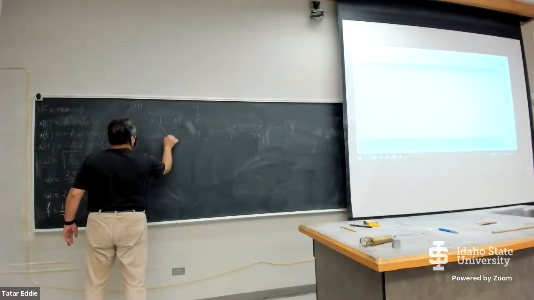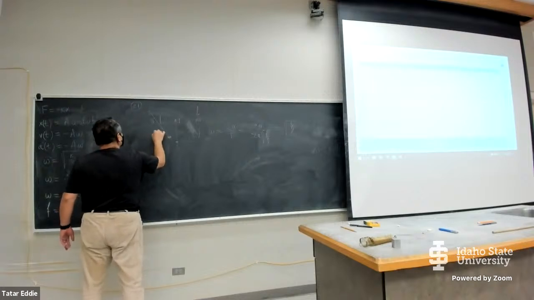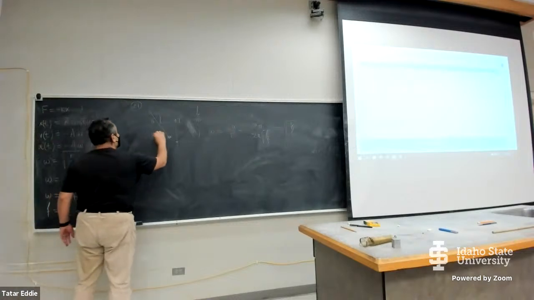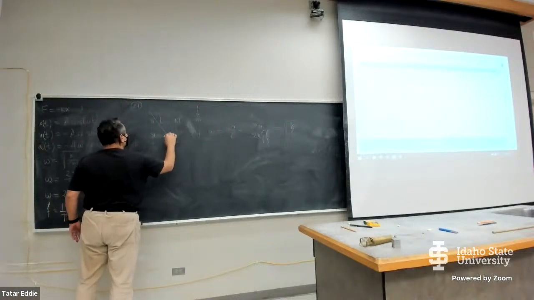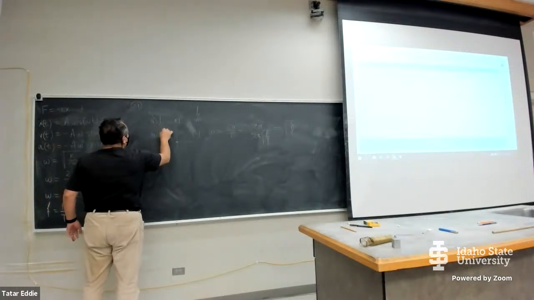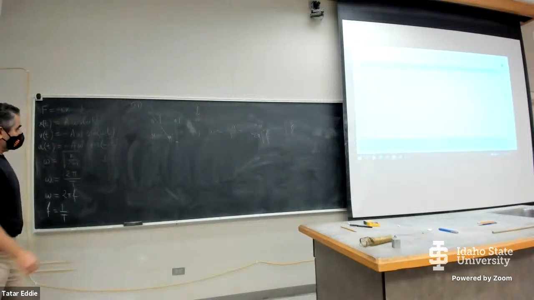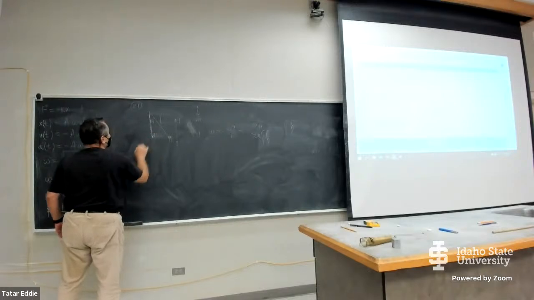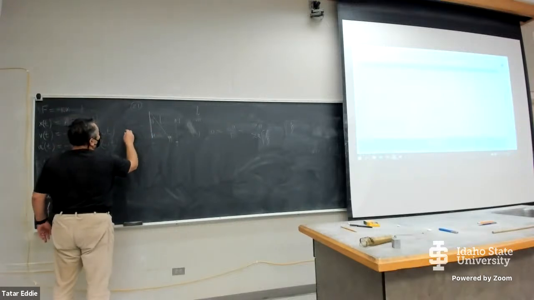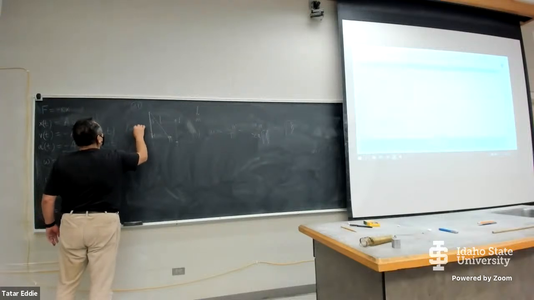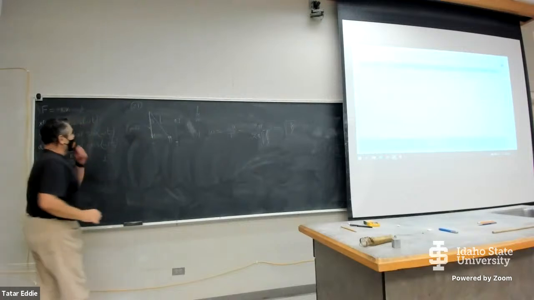What is this height right here? If you draw this, this is going to be 90 degrees. What is going to be this distance? Well, if you look at the large right triangle, this side right here is going to be L times cosine of theta.